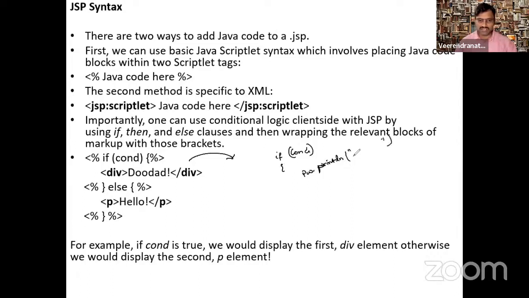So in that way it will get converted. Java specific code only will be there in the scriptlet tags. Why are we using the scriptlet tags? Because scriptlet tags tell you to put the Java code, either in scriptlet XML or in general code.